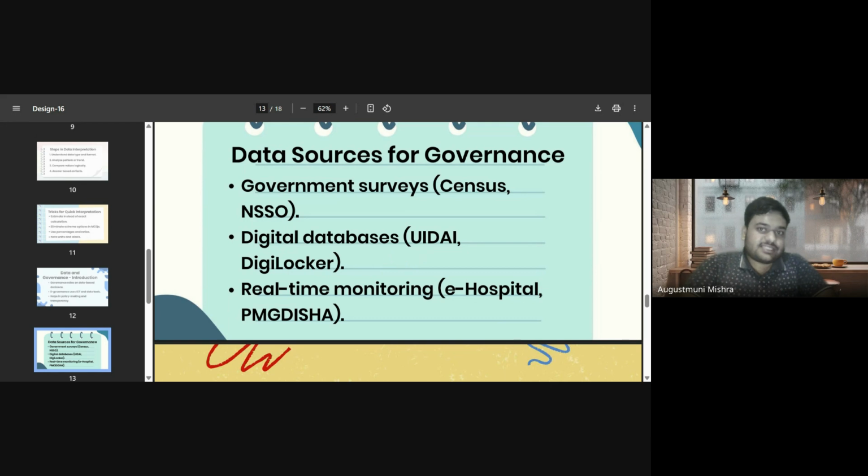These websites are managed by the NIC of India, where your Aadhaar data is kept. DigiLocker we also use for e-documents. Real-time monitoring like e-Hospital, PMG, Disha. These are all real-time monitoring systems used by the government.